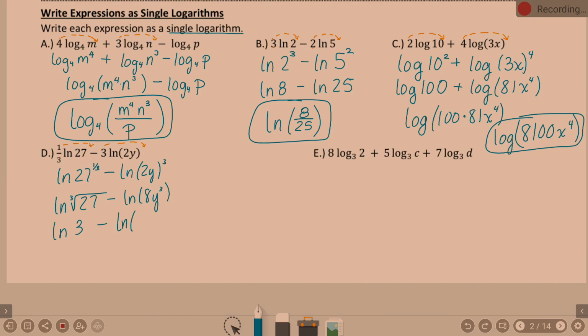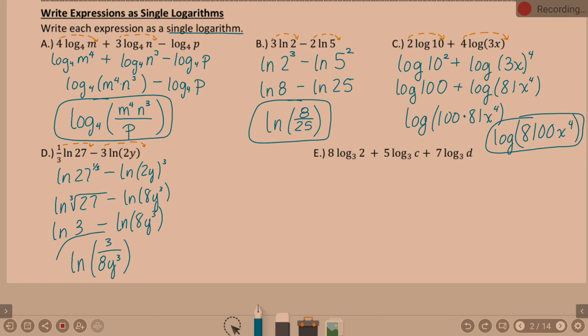So now I have natural log of 3 minus natural log of 8y cubed, which means, okay, 2 logs being subtracted can be rewritten as a division. Natural log of 3 over 8y cubed. Can I clean up 3 over 8y cubed? No, I can't.